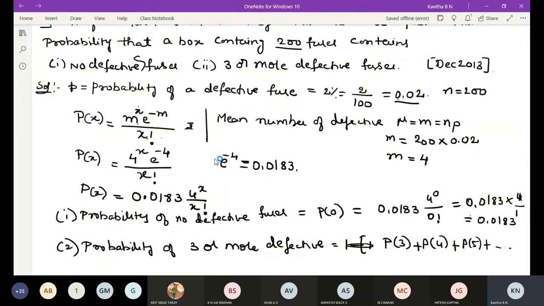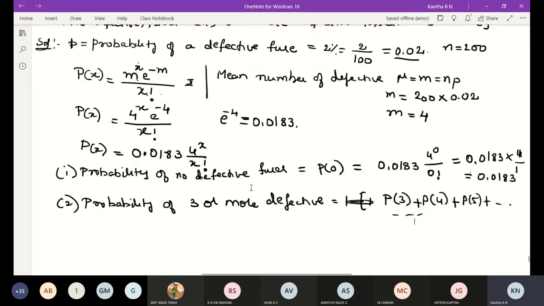Up to P of 200 is difficult. That's why what we have to do here is 1 minus, P of x is equal to 0 plus P of x is equal to 1.